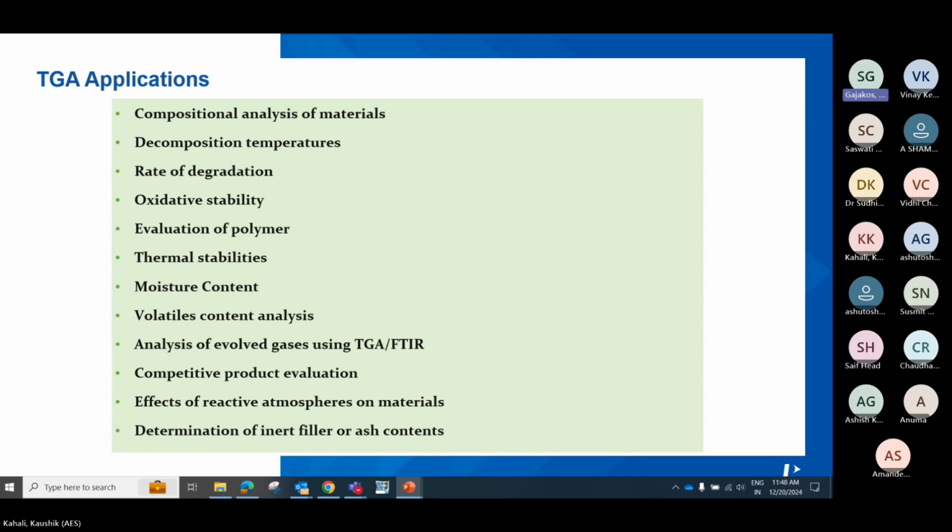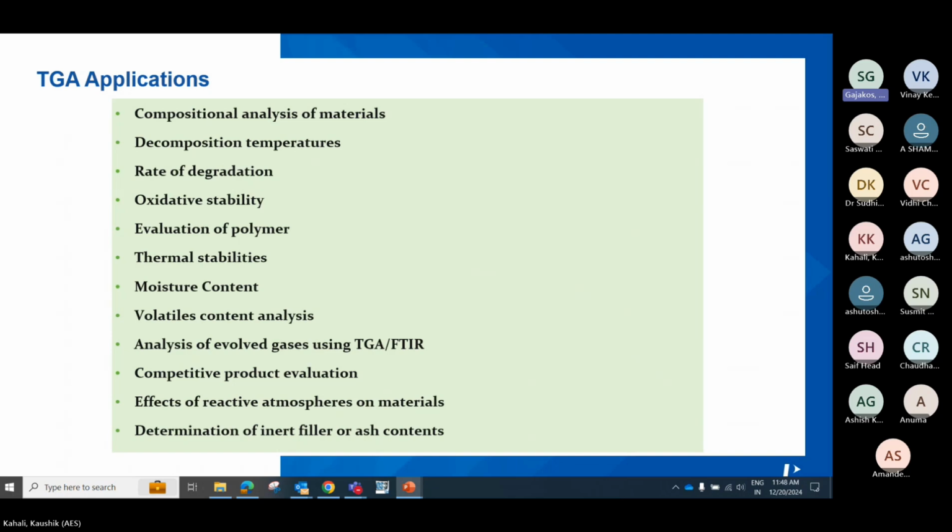So what can you expect from a TGA application? With TGA applications, you can get the compositional analysis of material, decomposition temperatures, rate of degradation, oxidative stability, evaluation of polymers, thermal stability, moisture content, volatile content analysis, then analysis of evolved gases using TGA-FTIR, as Kaushik explained about our hyphenation offerings from PerkinElmer.